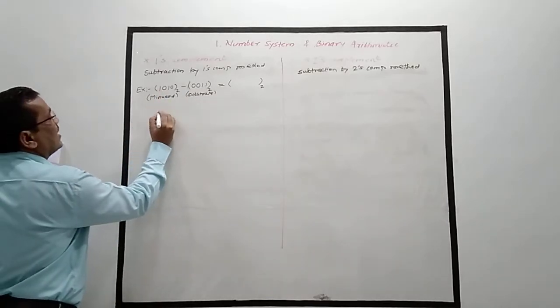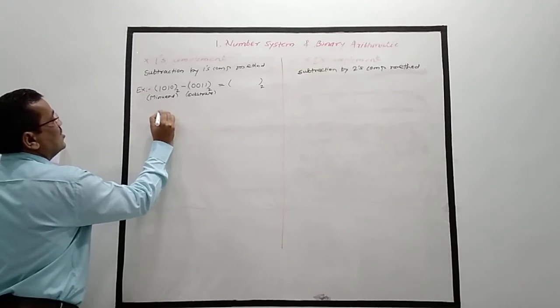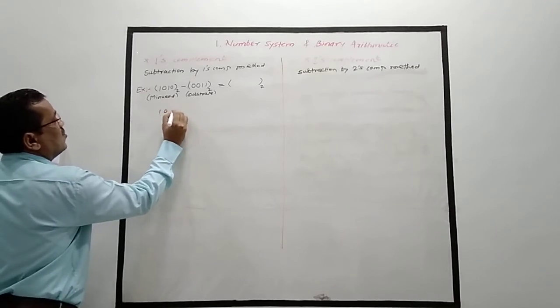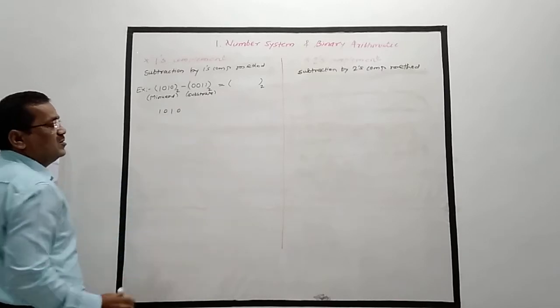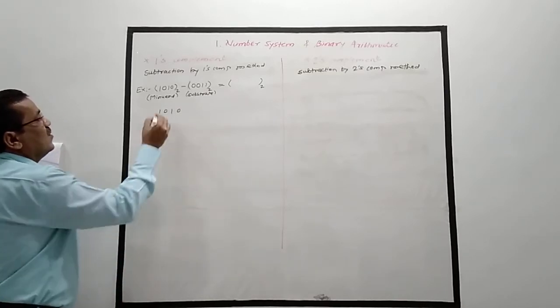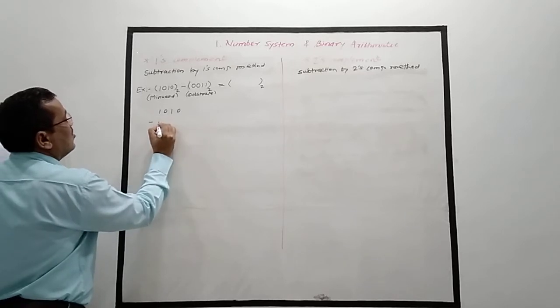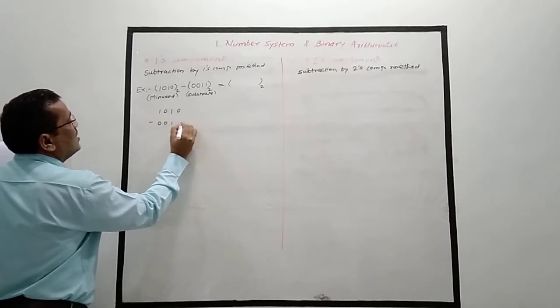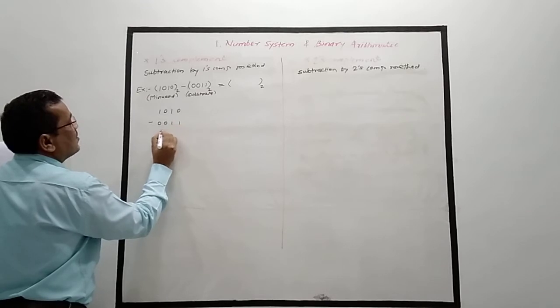Hence we can write the numbers like this: 1010 is the minuend, and 0011 is to be subtracted.